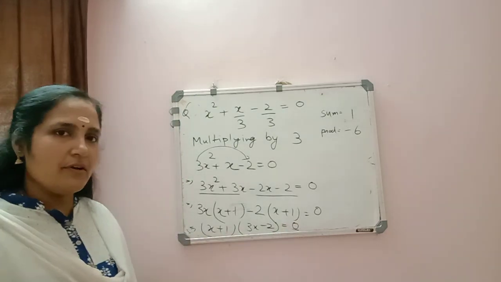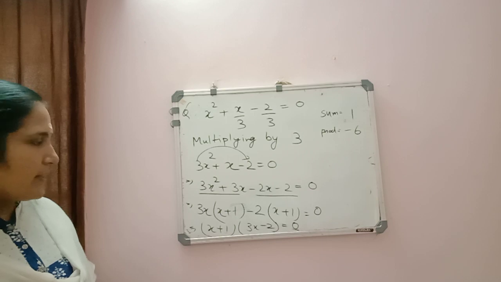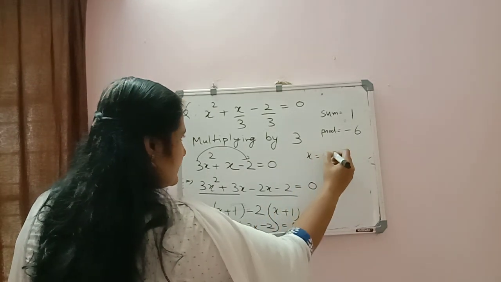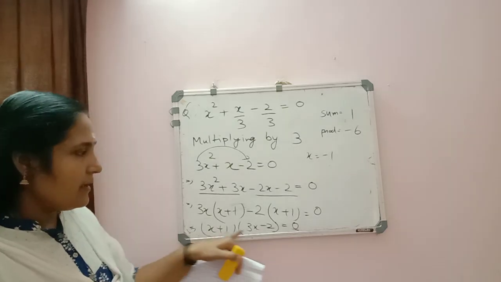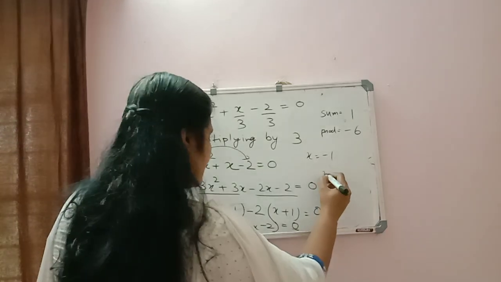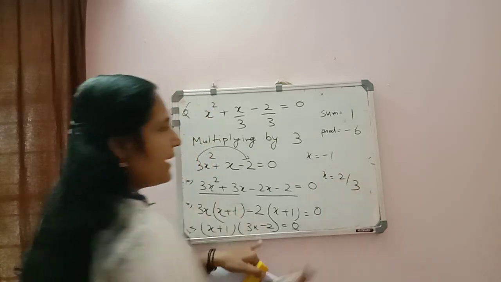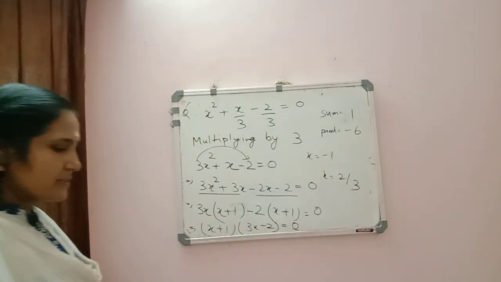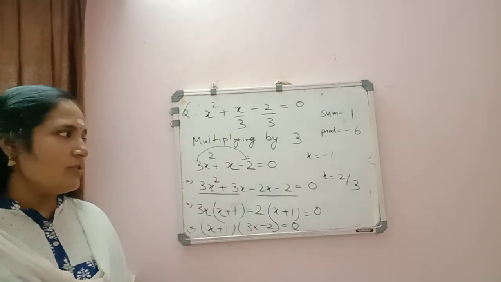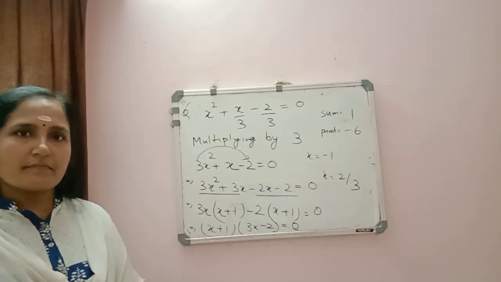Equate each factor to 0. Hope all can do it now. So when we equate x + 1 to 0, x = -1, and when we equate 3x - 2 to 0, we get x = 2/3. So the two zeros are -1 and 2/3. Please note down all the solutions.